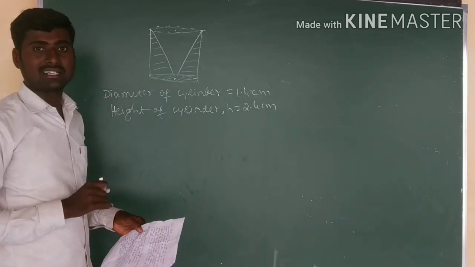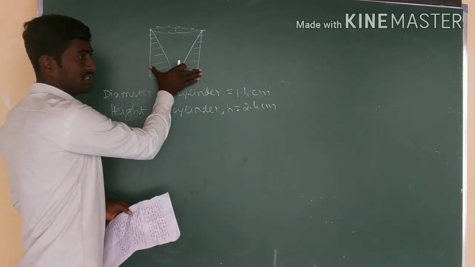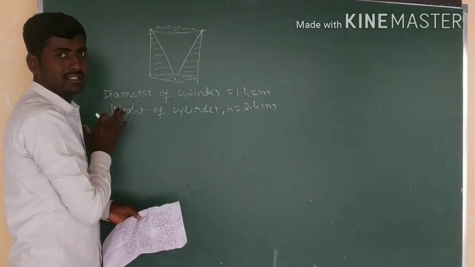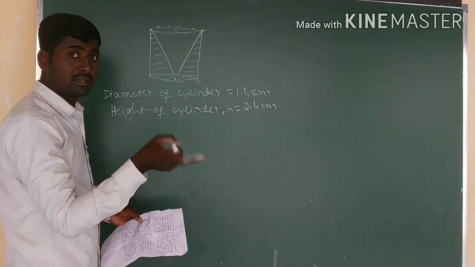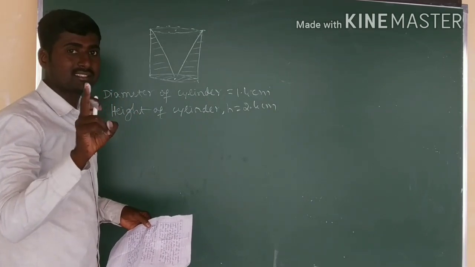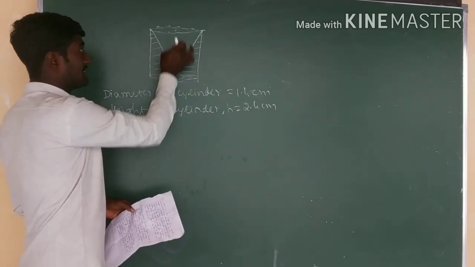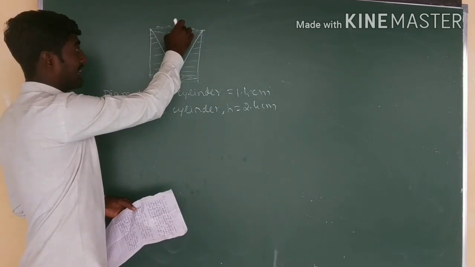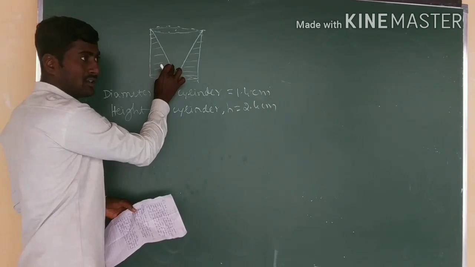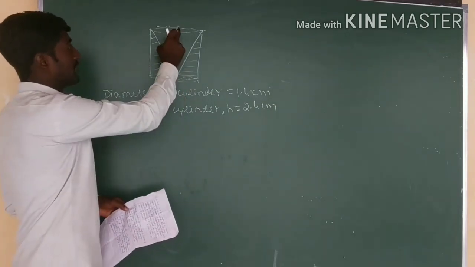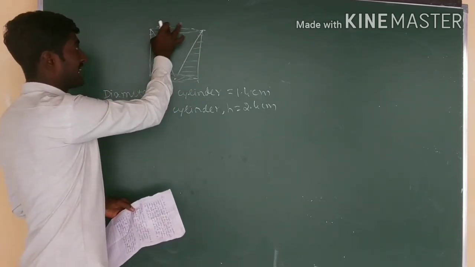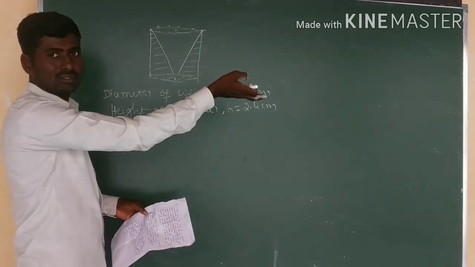Otherwise, in this way also I can write. You see, TSA of cylinder. TSA means this will come and this will come, including CSA. TSA of cylinder plus CSA of cone minus the circular top of cylinder, because in TSA this area will come, but this area is already removed, so I cannot take it.